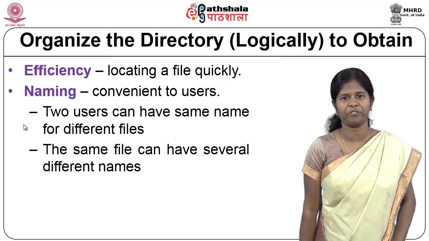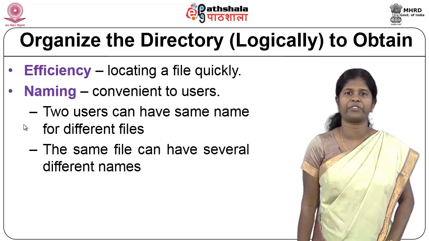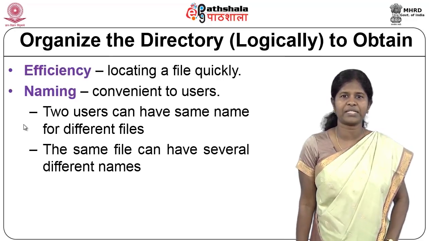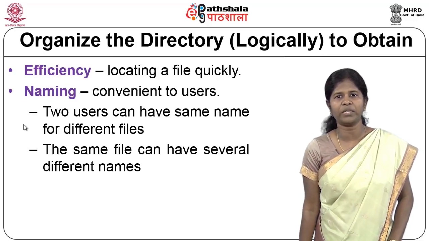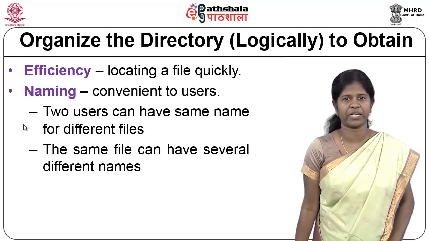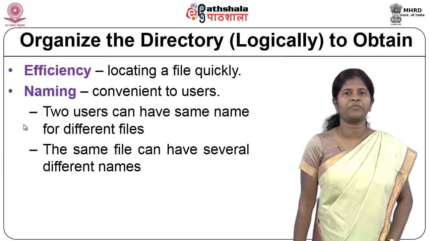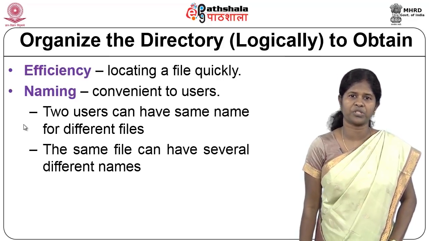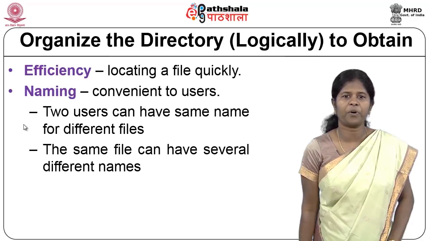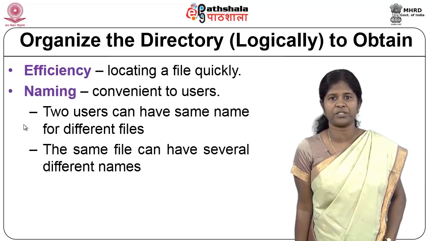And then naming of files. You can't just give arbitrary names to files. If arbitrary names are given to files, then understanding what the contents of the file are just from the file name will become difficult. So, it is necessary to name the file in a way that is convenient to the users. It is also possible that two users can have the same name for different files.